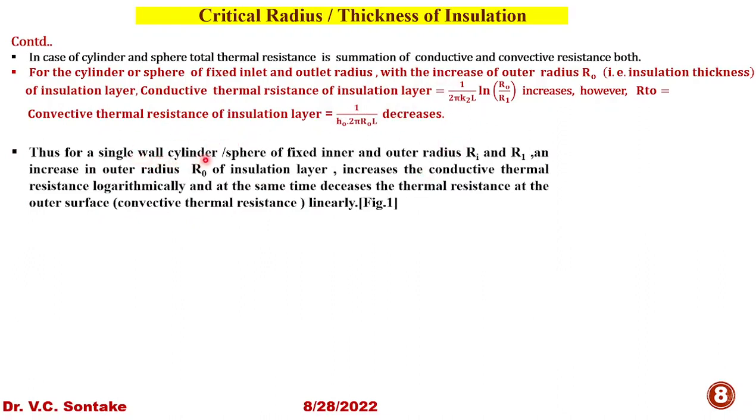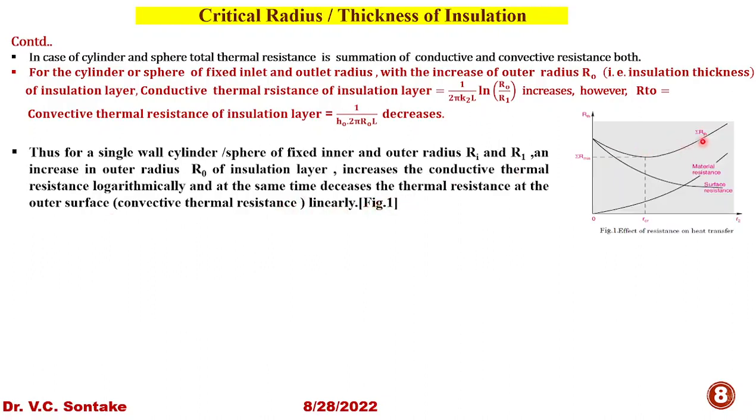Thus, for a single wall cylinder or sphere of fixed inner and outer radius ri and r1 in this case, an increase in outer radius ro of the insulation layer increases the conductive thermal resistance logarithmically, because ro by r1 is a function of log, and at the same time decreases the thermal resistance at the outer surface, which is also called the convective thermal resistance, linearly.